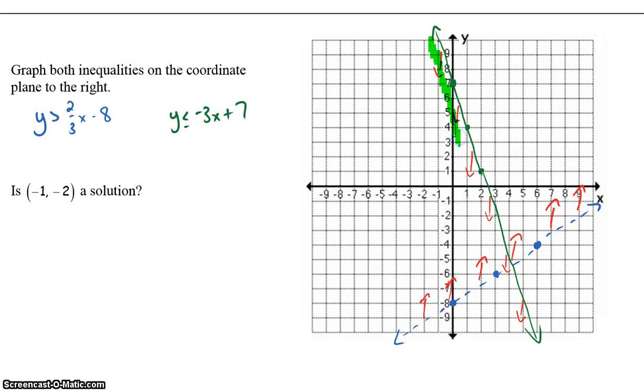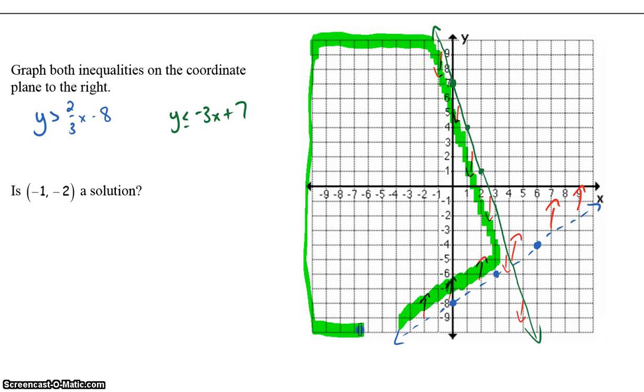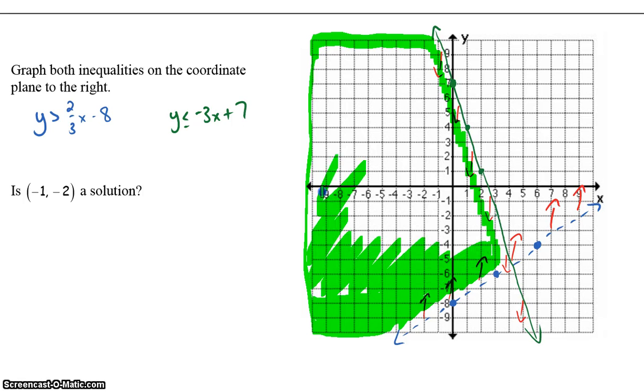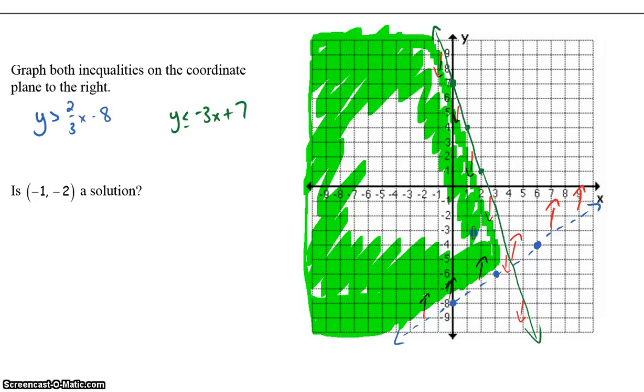This section here, all below my green line, and then staying above my blue line. That section is the section that we will shade in completely. So with my highlighter, and if you're using a highlighter, you're welcome to do it this way as well, we want to shade this entire section in. This is my solution section.